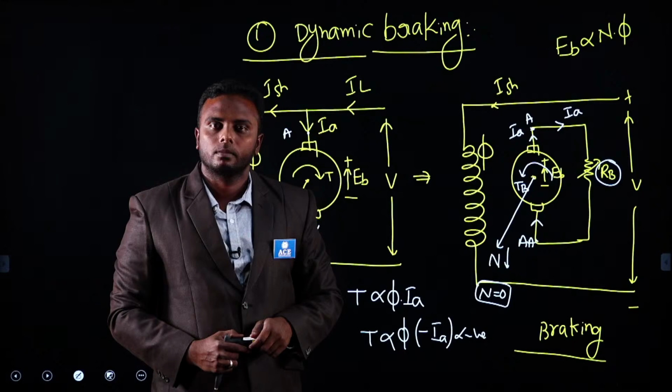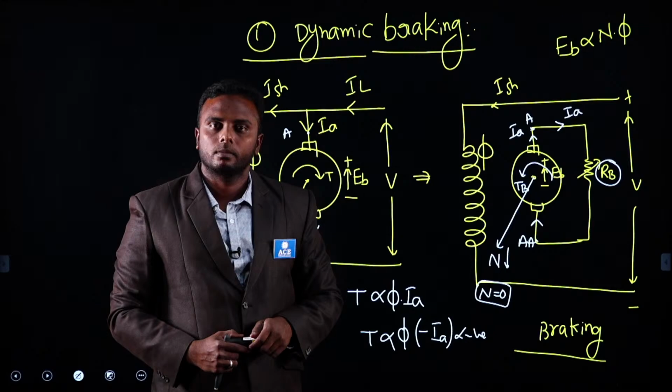Let's see how we apply this plugging in the case of a DC shunt motor. Again, first we take a shunt motor under normal running condition, same as the previous. Consider a shunt motor under normal running condition at rated voltage.